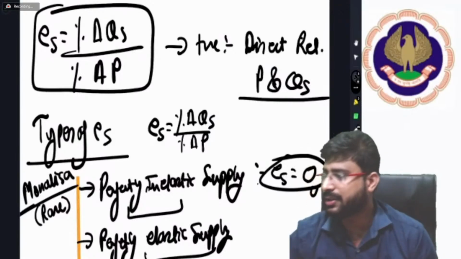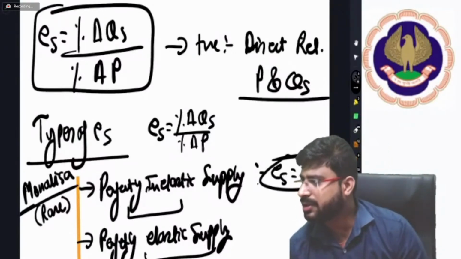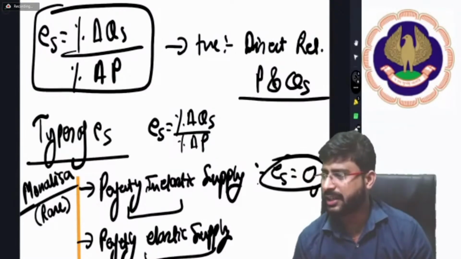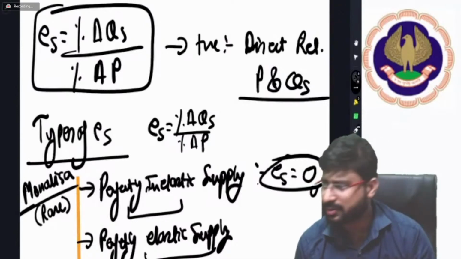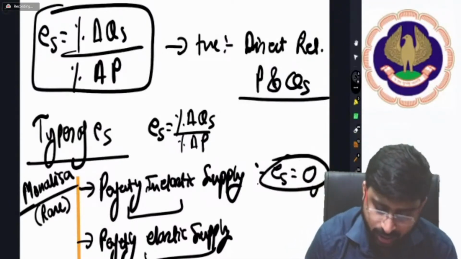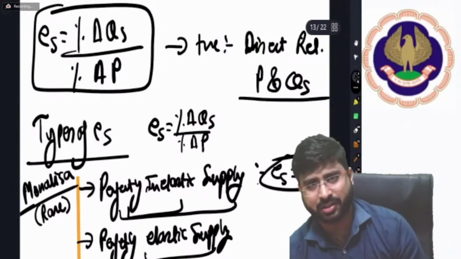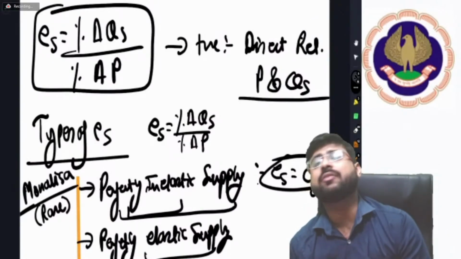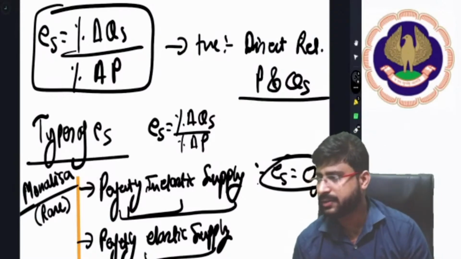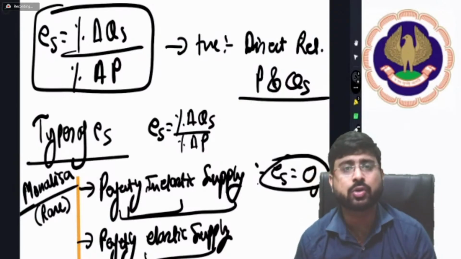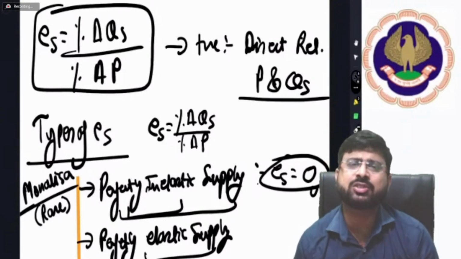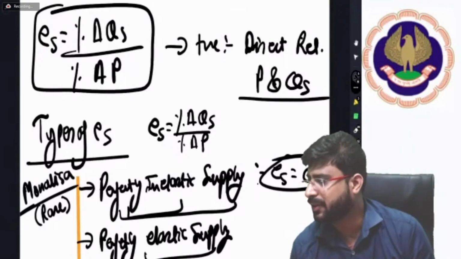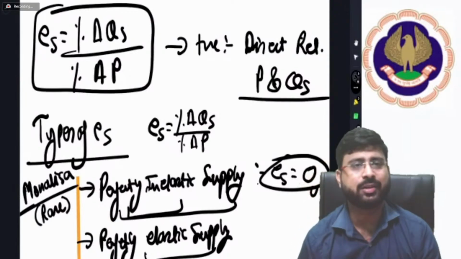Here the supply is perfectly inelastic, meaning a change in price is having no impact on quantity supplied. Even if price rises by 100%, 200%, quantity supplied will remain the same.